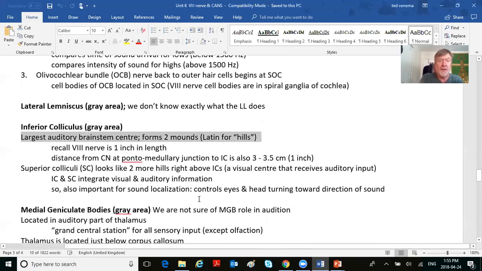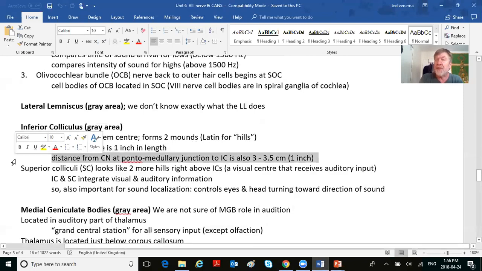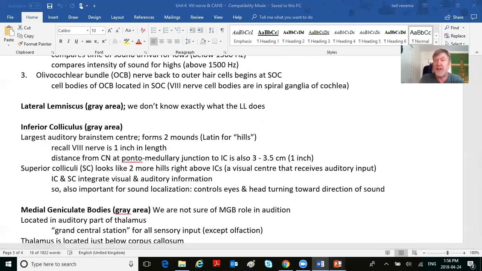Recall the eighth nerve is 1 inch in length. The distance from the cochlear nucleus at the pontomedullary junction to the inferior colliculus is also an inch. That's a good thing to remember. How long is it from the bottom of the brainstem to the top of the brainstem? 1 inch. In other words, how long is this area here?